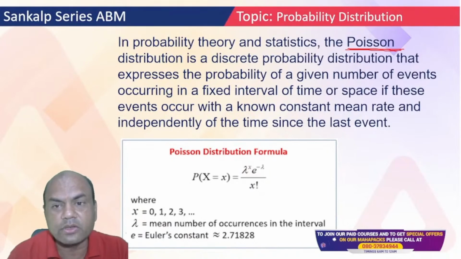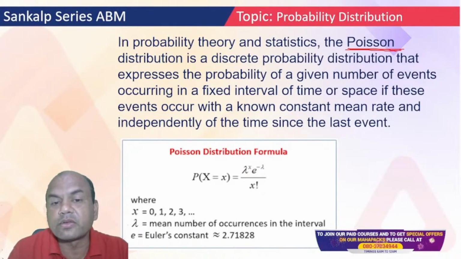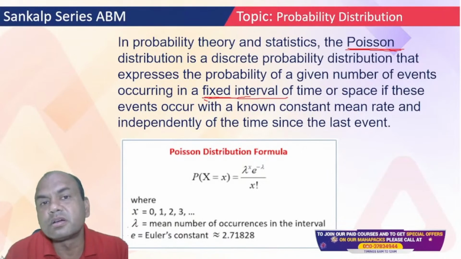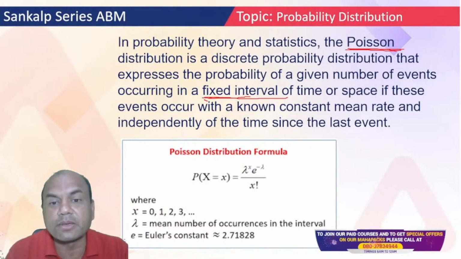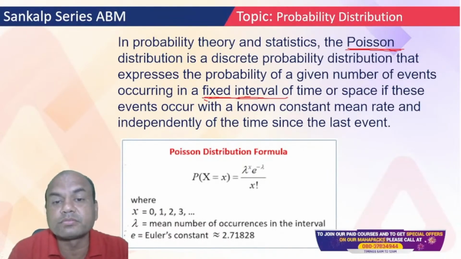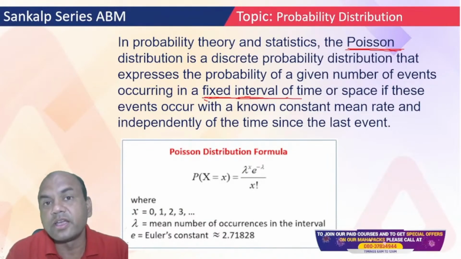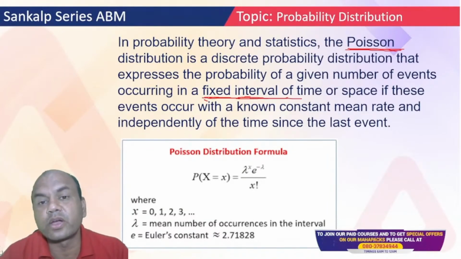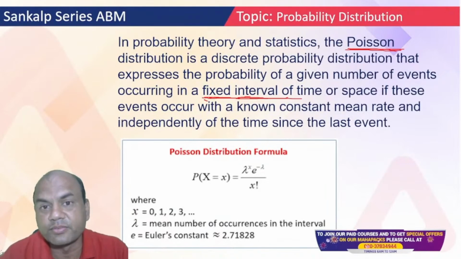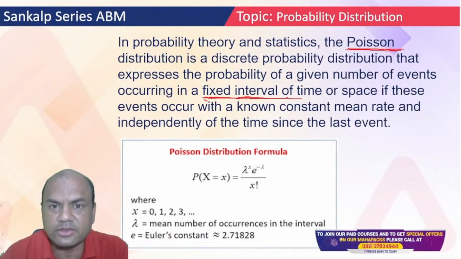And for Poisson, always remember there will be something constant over here. A fixed interval, something fixed, something constant. For example, suppose you are getting some virus. Every 2 hours you are getting almost 3 patients.